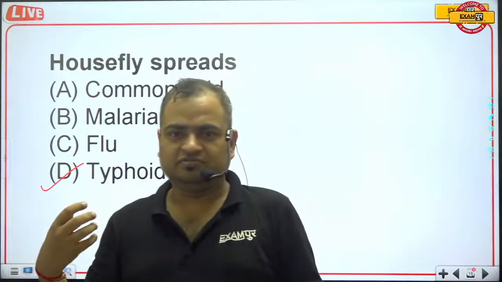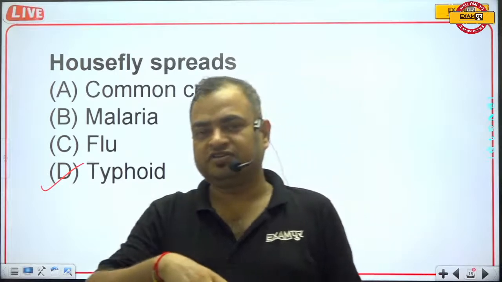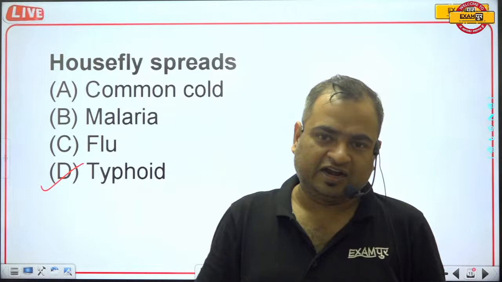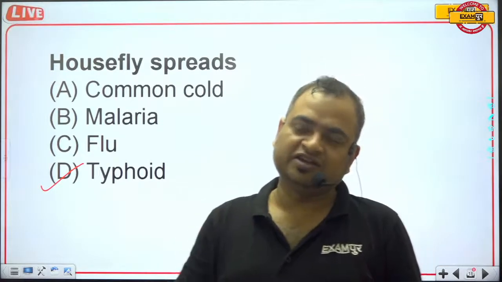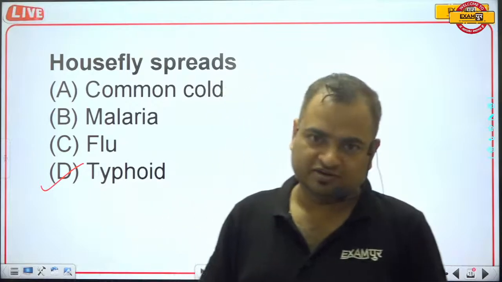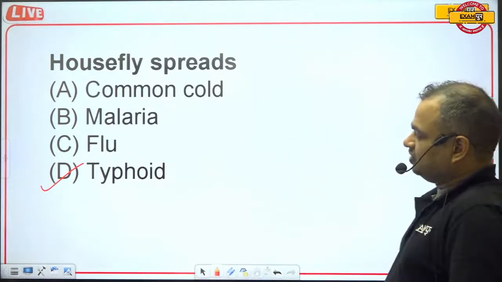Then those flies come into our houses and sit on our food, and we eat that food, and in this way those bacteria enter our body and we fall ill. So this is the reason.